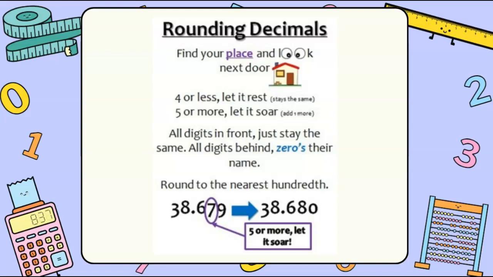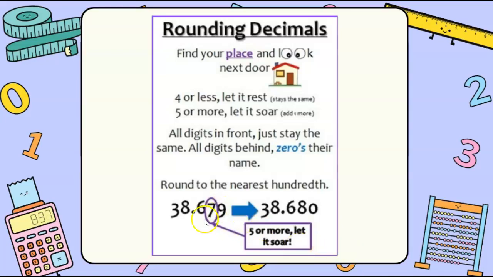When we round, we'll find our place value. If I want to round to the nearest hundredths, I find my place value and I look next door. 7 is in my hundredths place, so I'm going to look at the 9 next door.